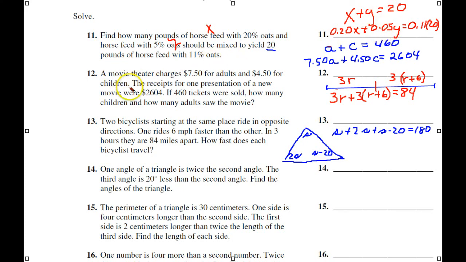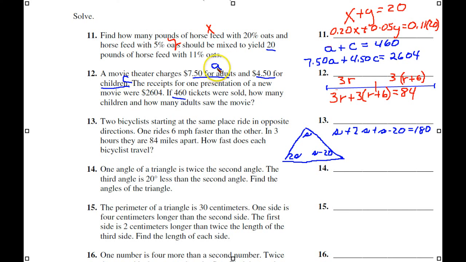All right, here's a very typical one. Movie tickets are this for adults. I'm going to call those tickets A. And $4.50 for children. We'll call those tickets C. And the total receipts were this for this many tickets.